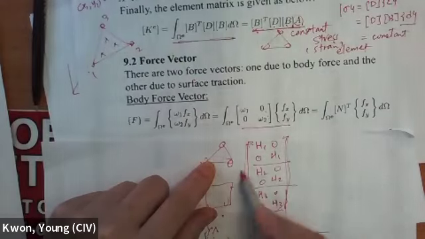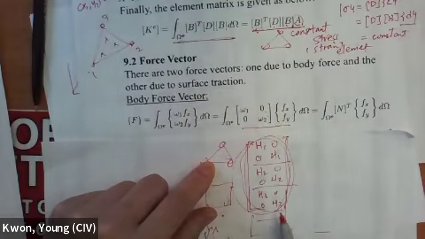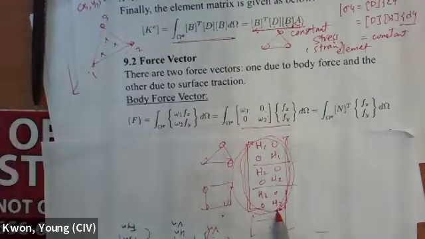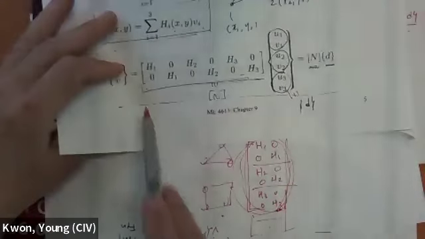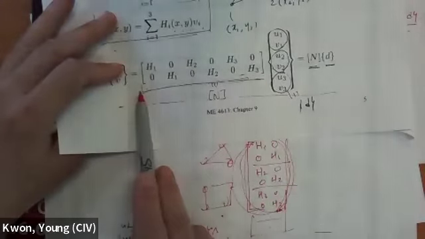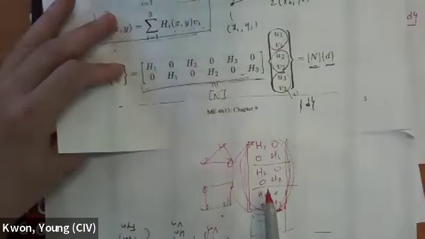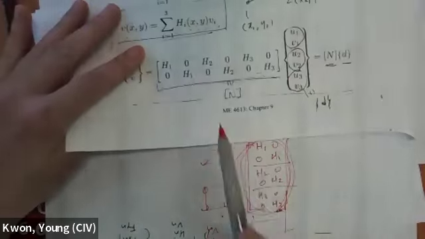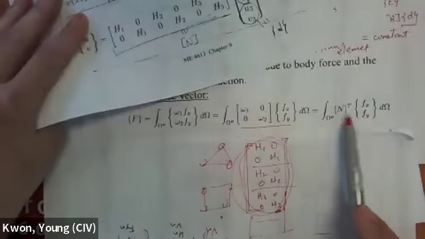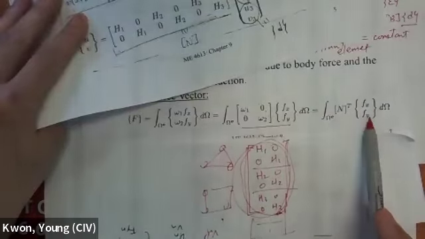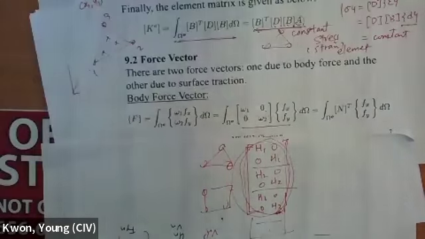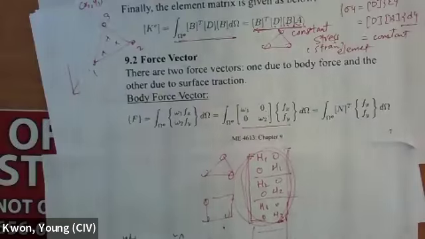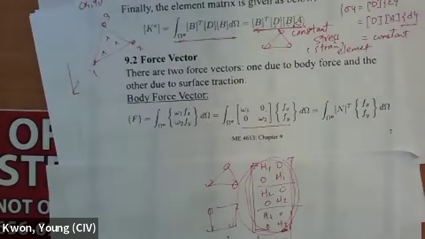Then what is this one? I have seen this one before, it's not new. This transpose is equal to that with transpose, so this is going to be N transpose times this body force, the x and y components.